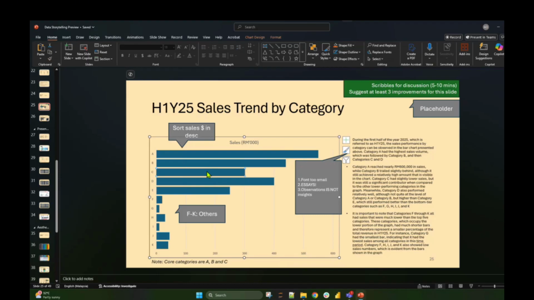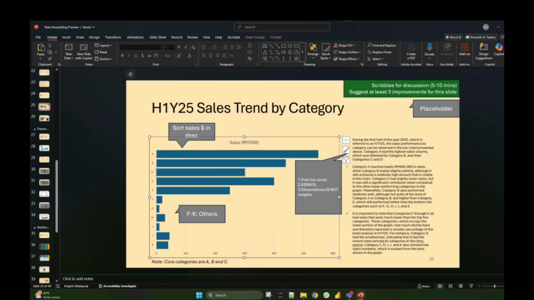So the audience may not understand why D is number 3 instead of C, because we have always been seeing C at the end of the top 3. Okay, so that's my point here.